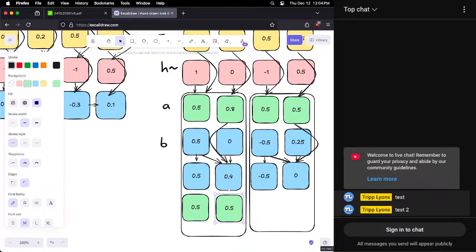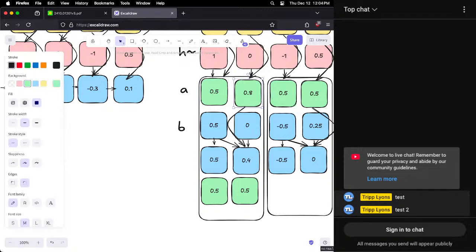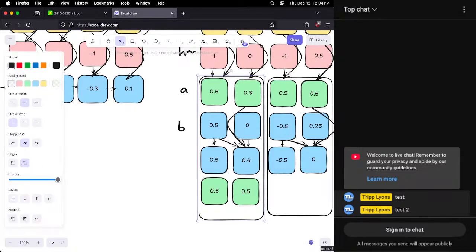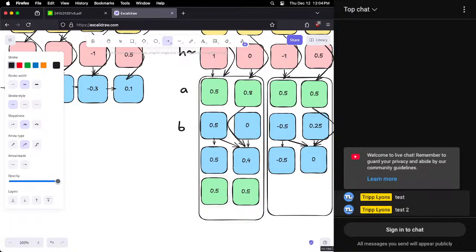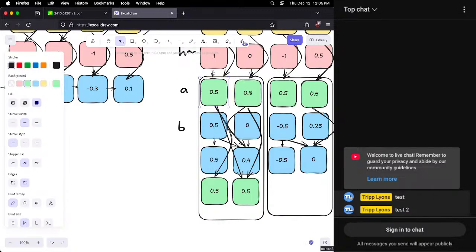So our A values have actually a much simpler update rule. You just multiply the A's together. All the previous A's get multiplied into the current one. So this would be like that. And then this. Okay, so we get half of 0.8.